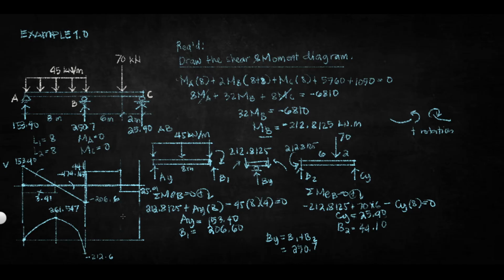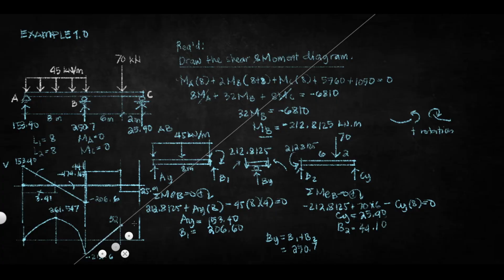And after that, nakaroon po yung change in moment sa point na to, which is equal to 44.1 times 6, which is 264.6 minus 212.6. So, 52 po. Okay, so, akit tayo ng 52 dito. And then, lagyan po natin yung line connecting point natin. Force from 0 degree sa shear, magiging first degree po.